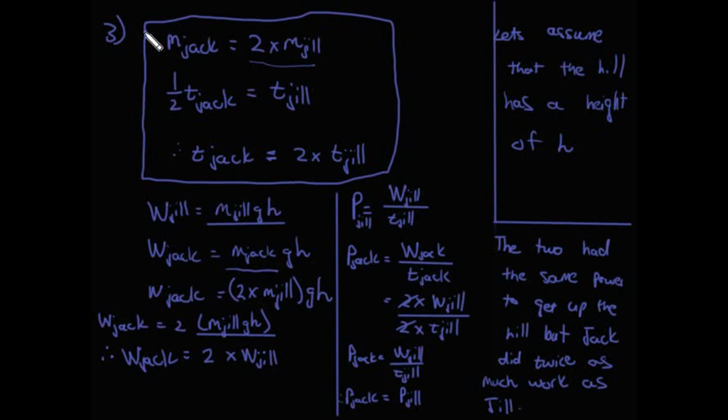Then we know our formula for power is W over T. We also know that the only work here is to increase the gravitational potential energy, which is mgh. Once we put those into perspective, we can see that Jack had to do twice the amount of work as Jill did, but they both used the same amount of power to power themselves up the hill.